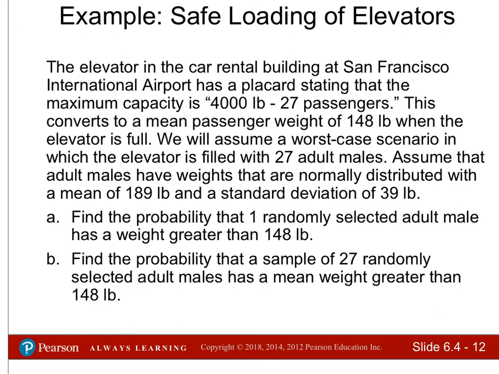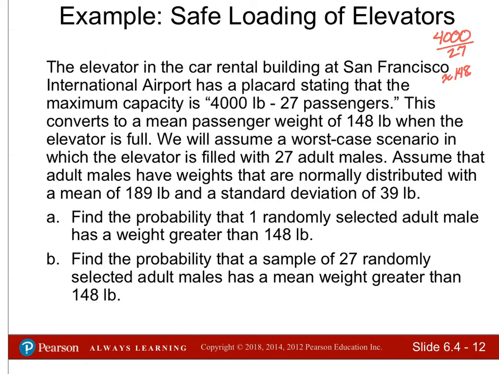So basically what they're saying is, if you've got 4,000 pounds, you're allowed 4,000 pounds and 27 passengers, then 4,000 divided by 27, right? 4,000 divided by 27 works out to about 148 pounds per person. Okay, approximately 148.